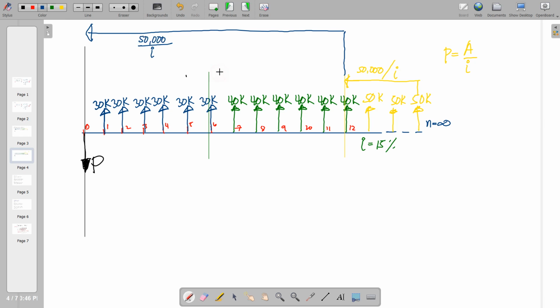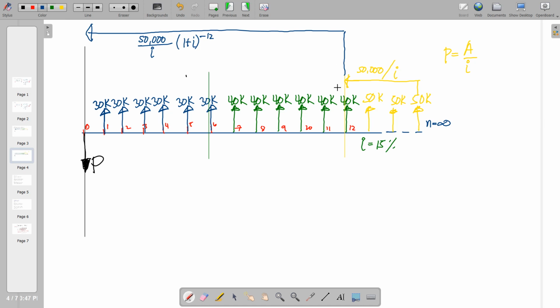We have 50,000 all over I. So, the notation is 1 plus I raised to negative 12. Ito actually is finding P given F at I% at N. Diba? So, simple compound interest lang yan. So, 1 plus I raised to negative 12.